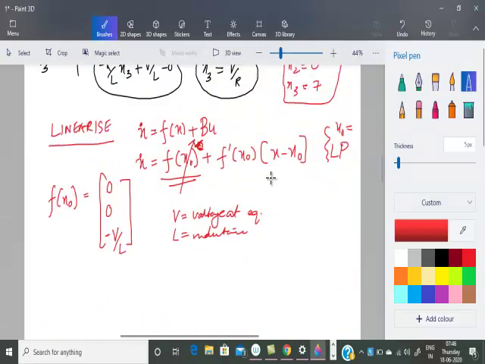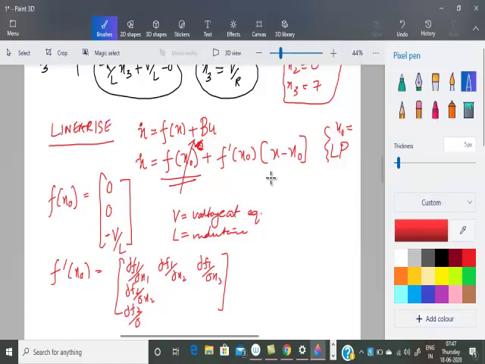Let us look at this f dash x0. What is f dash x0? F dash x0 is the derivative of the three functions, the Jacobian: del f1 by del x1, del f1 by del x2, del f1 by del x3, and similarly the second, del f2 by del x2, and the third, del f3 by del x3.